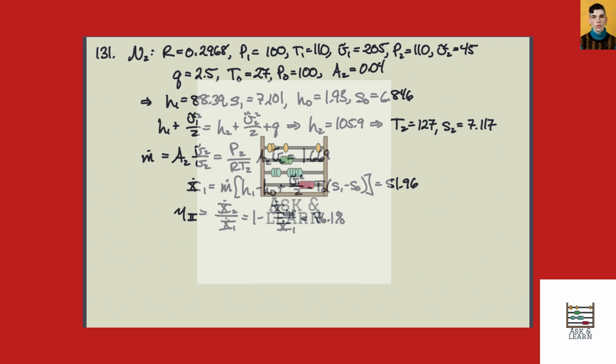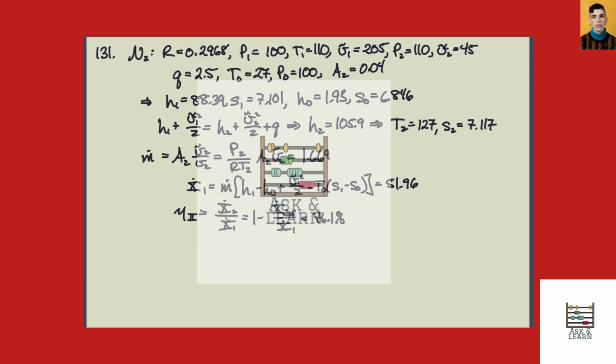So we have the exergy. Wait a minute, I did not copy that down from my notes. Okay, well, let's do that on the fly here. I just realized that I didn't answer part of the question.